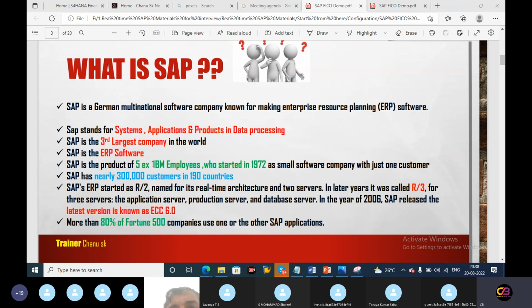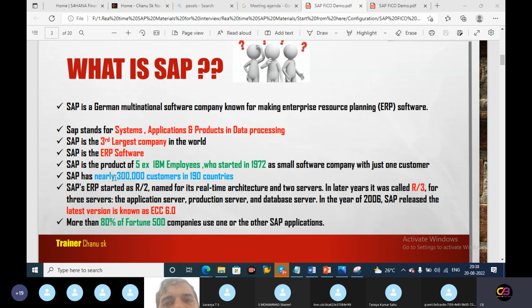That shows how this company has extended its business across different geographical regions, from only one customer initially to almost 200 countries. Earlier it was only one customer in 1972, now almost 4 lakh customers.